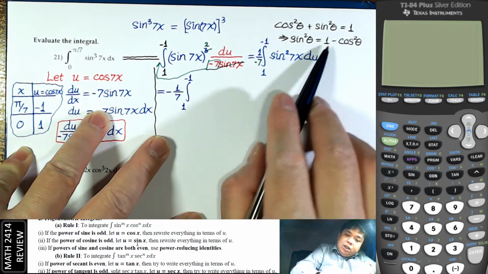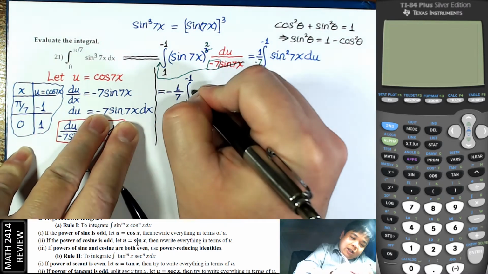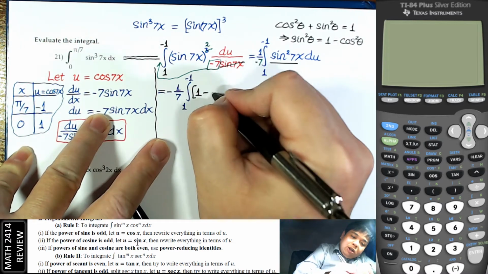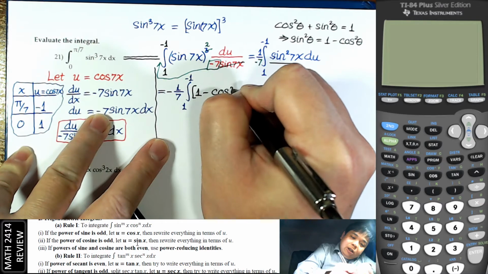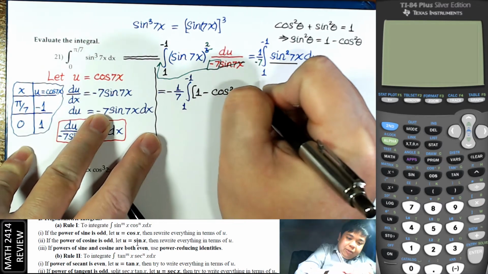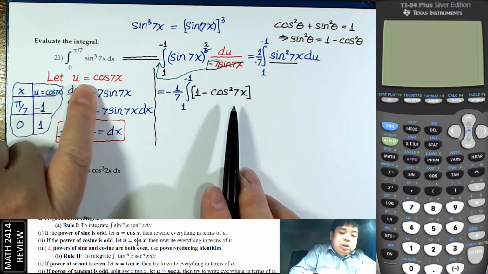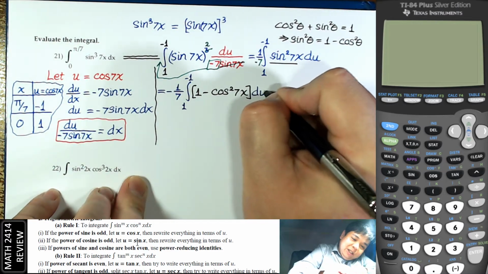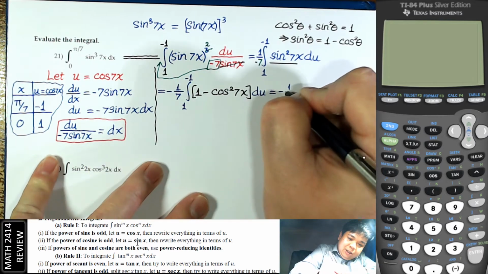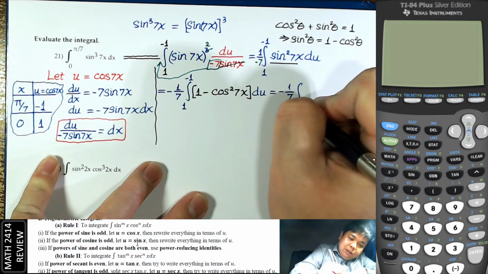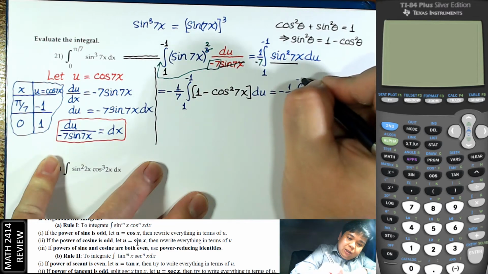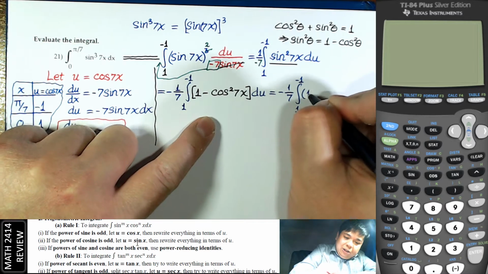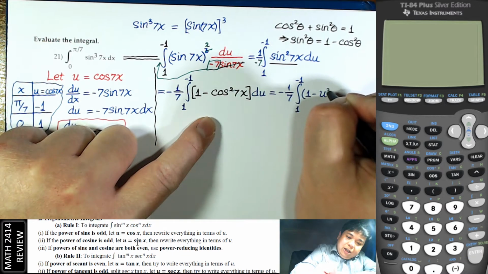Sine square is 1 minus cosine square of 7x. Now u is cosine, so cosine square is u square. It is just 1 minus u square du.